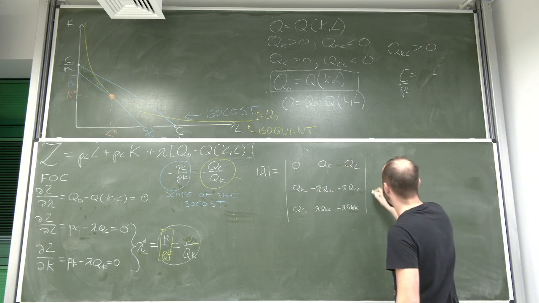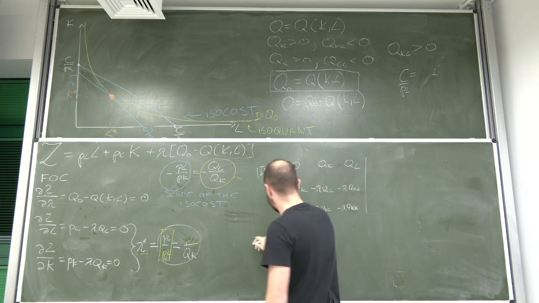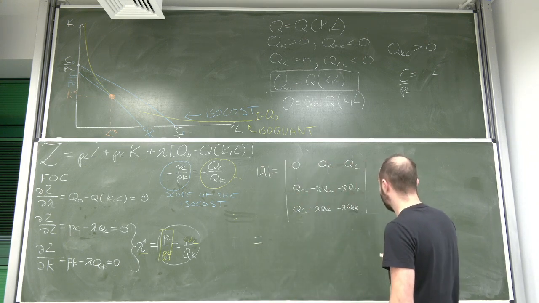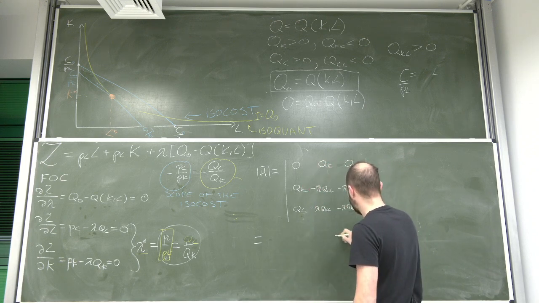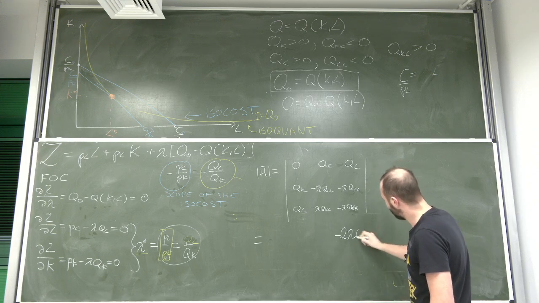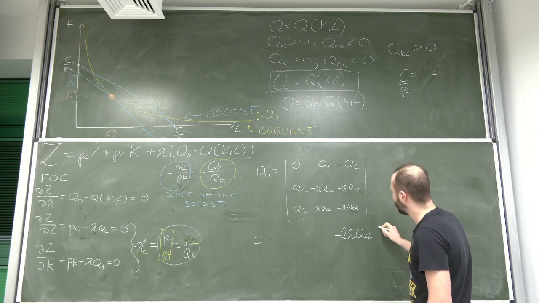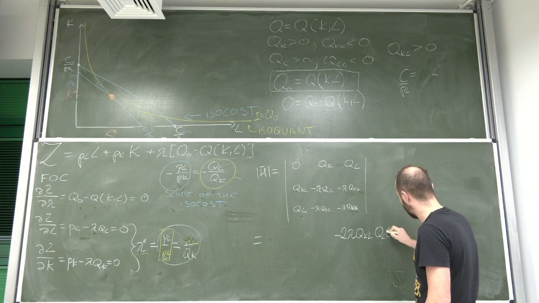So the first component we're going to get over here is negative 2 lambda QKL QL QK.